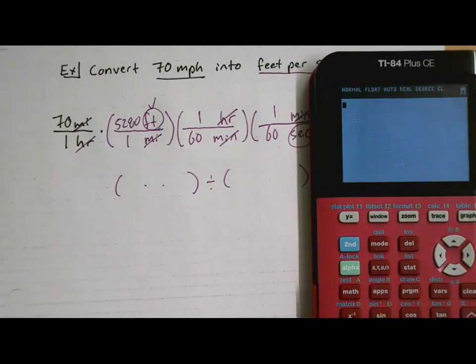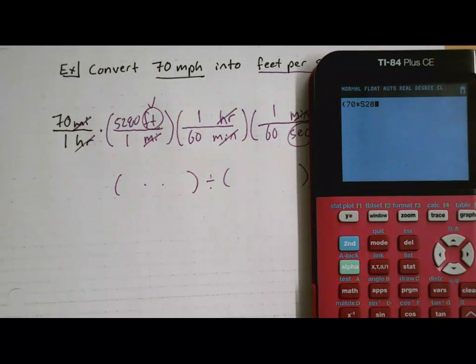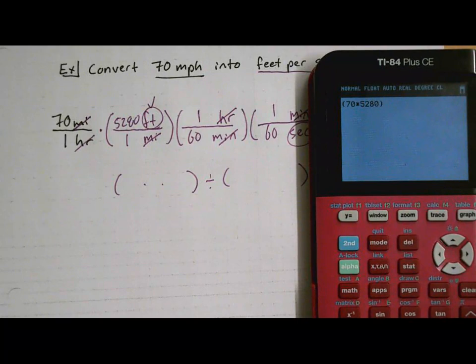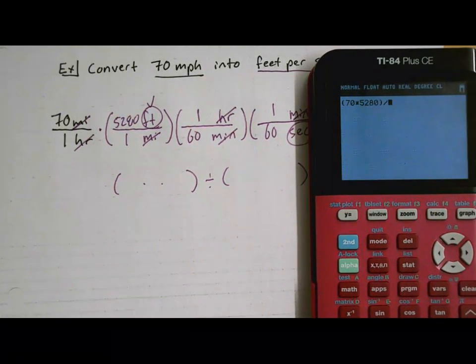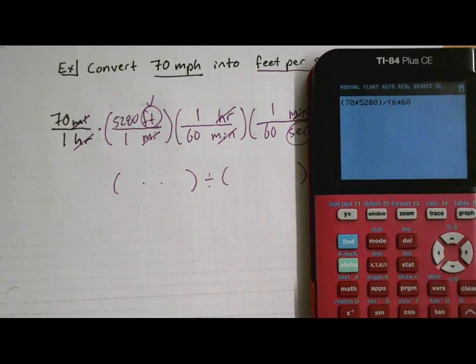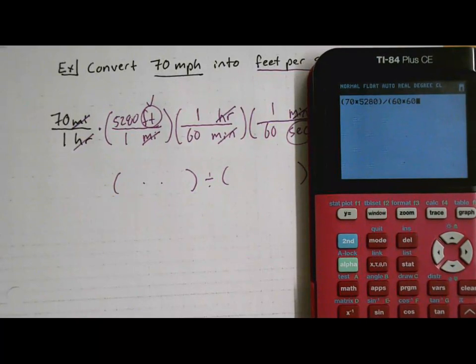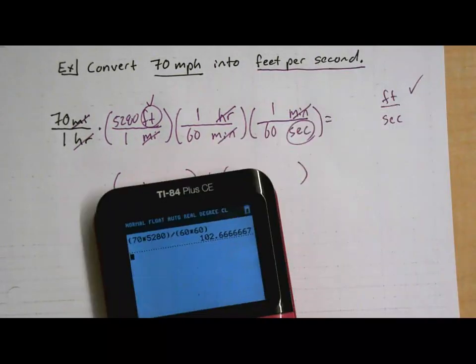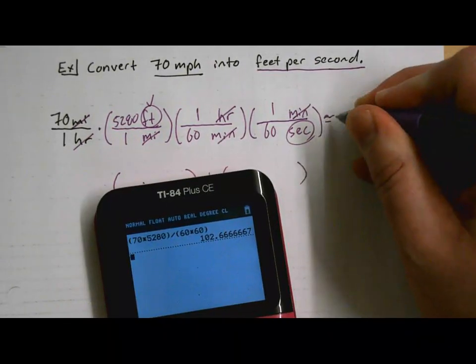So I'm going to go 70, parentheses, 70 times 5280 times 1 divided by 60 times 60. Oh, what did I forget? Parentheses, that is not going to come out well for me. Those parentheses, especially in the denominator, are super important. So I'm going to say that's about 103 feet per second.